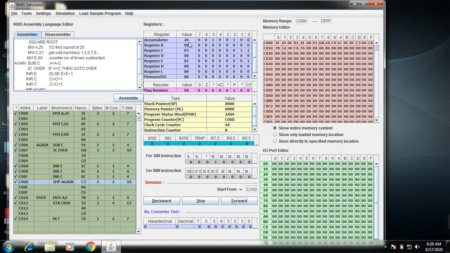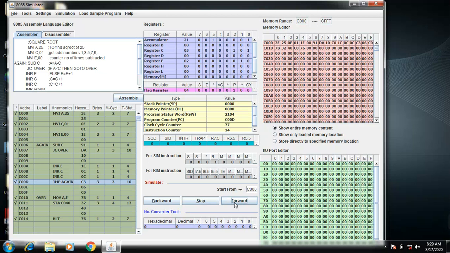Now it compares 24 with 3. 24 is bigger than C, so it is subtracted. So 24 minus 3 is 21. Again E is incremented, so that the second subtraction is counted. Next the odd number is incremented, INR C and then INR C, so 3 plus 1 is 4, 4 plus 1 is 5.